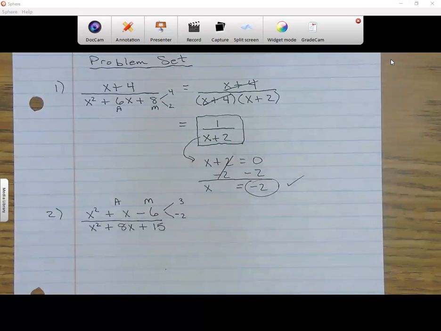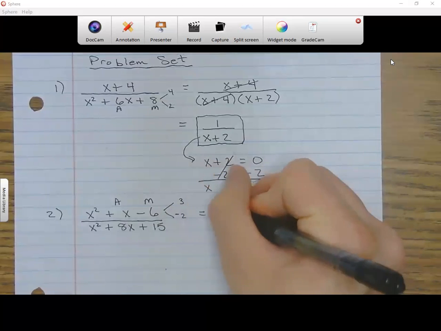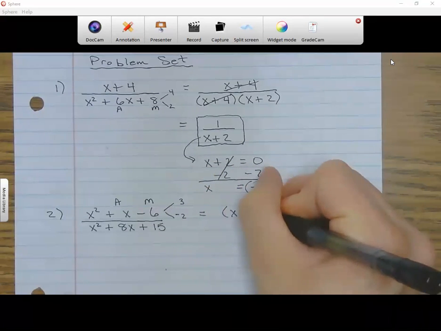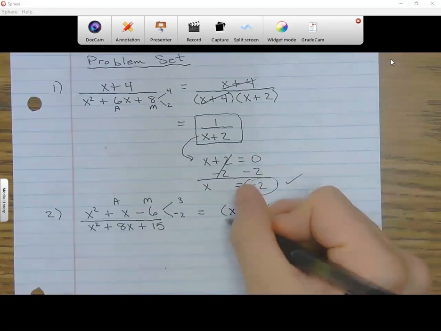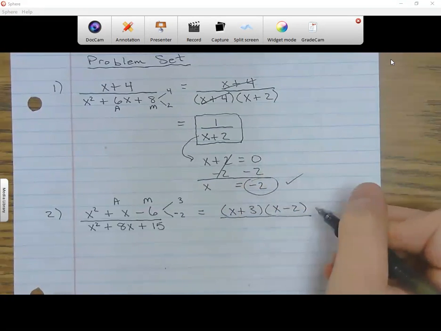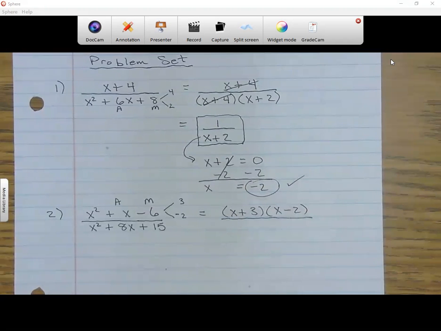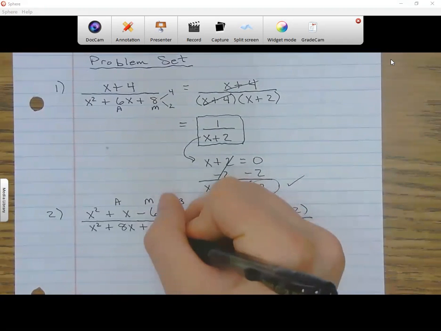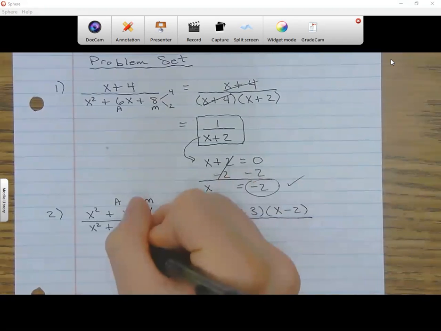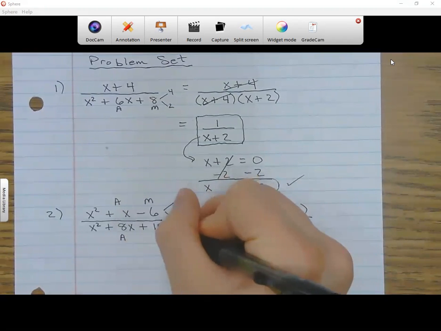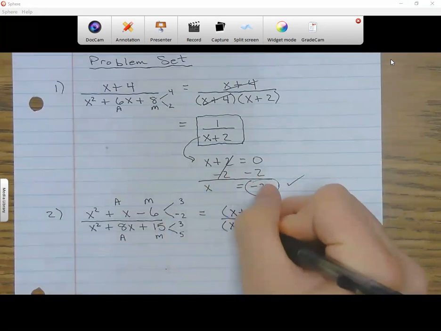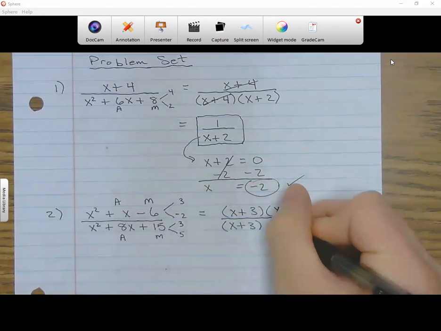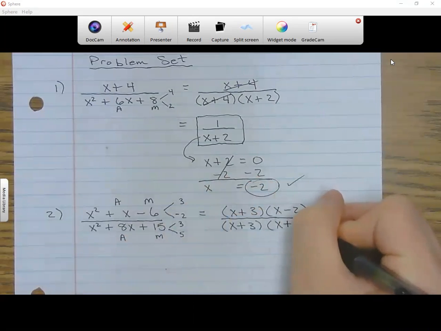So on the top, I have what? x plus 3, x minus 2. All right, what about the bottom? I need to multiply to 15, but at the same time, I need to add up to 8. So 3 and 5. I get x plus 3, x plus 5.